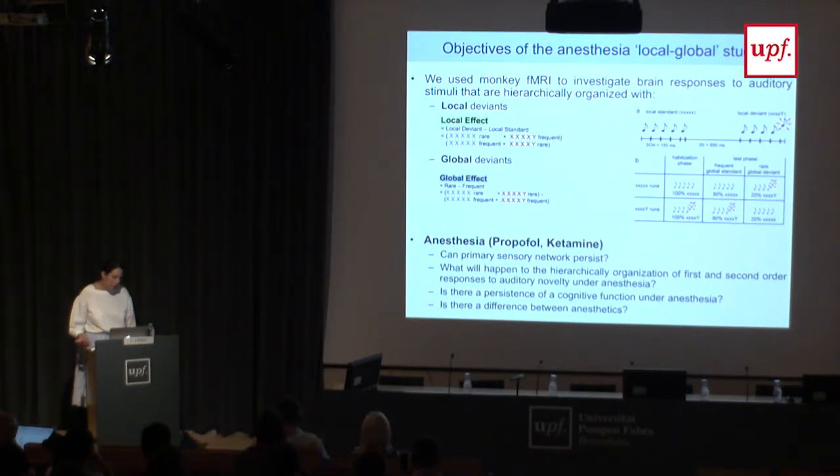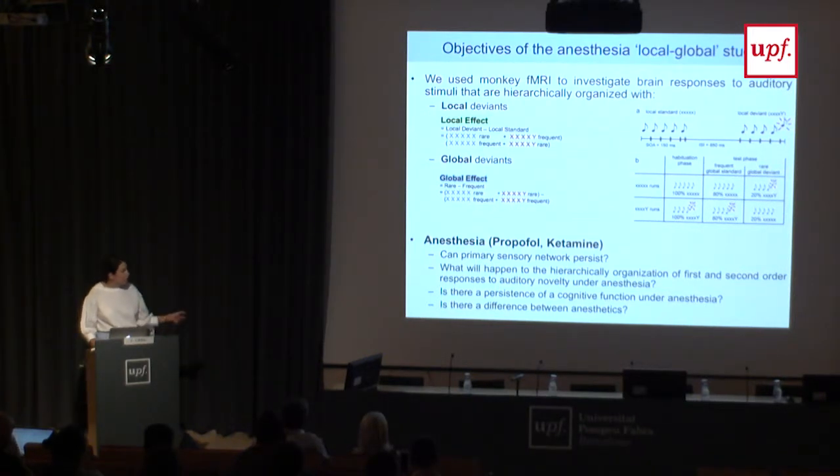So if you block your NMDA receptors, normally you should block the feedback in the brain, and so normally you should get at least no global effect at all in the brain, at least with ketamine.